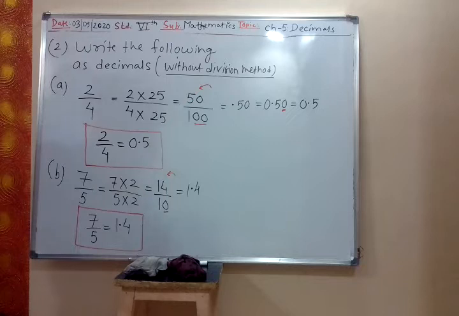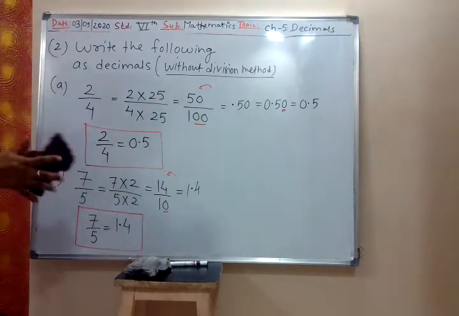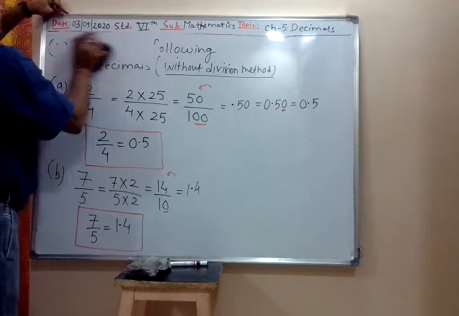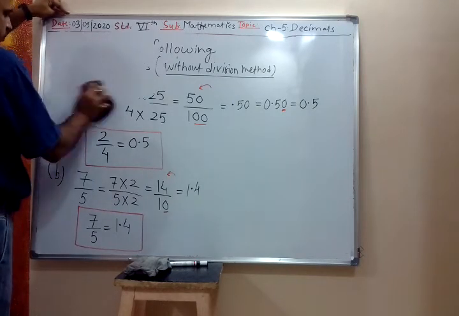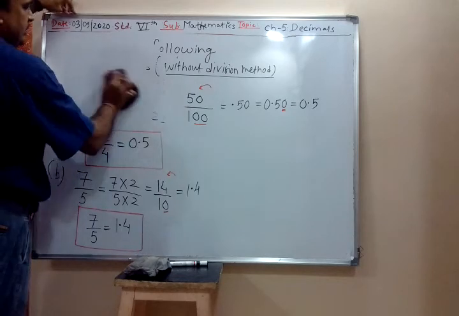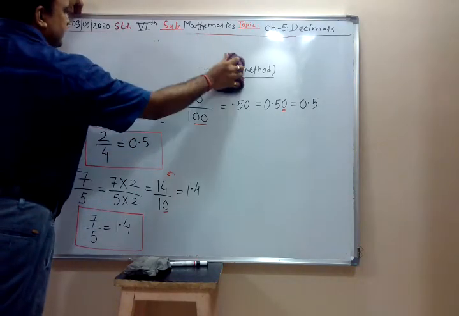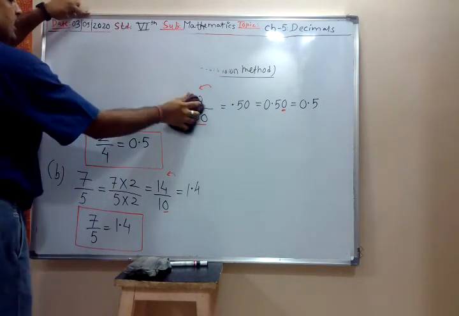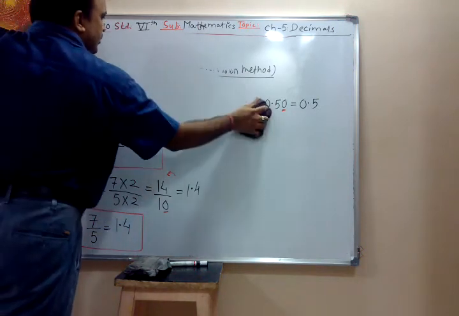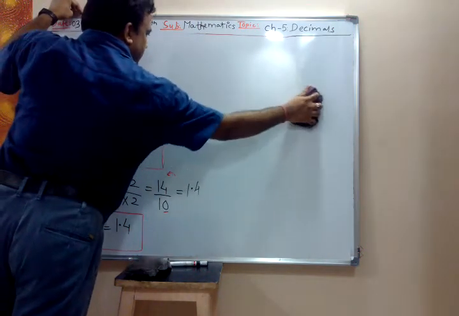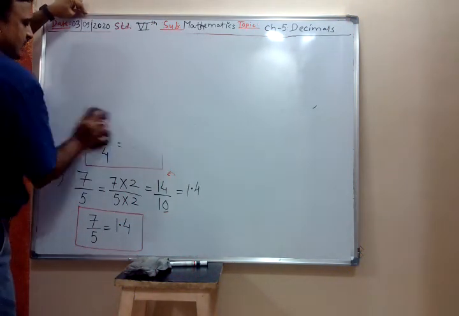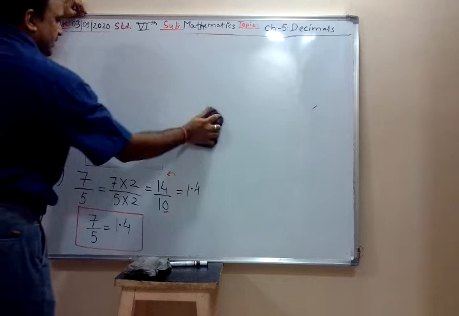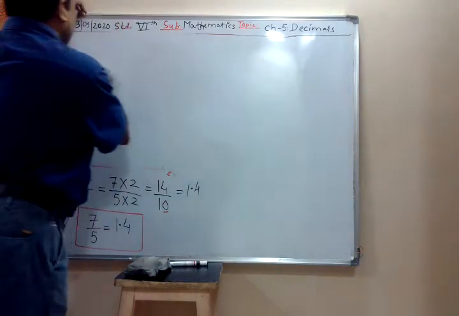Next is C, 13 upon 2. Convert it into a decimal without division. We convert the denominator of the given fraction into 10, 100, 1000, or 10,000. So you have to multiply the denominator by a certain number so that you get 10, 100, or 1000.